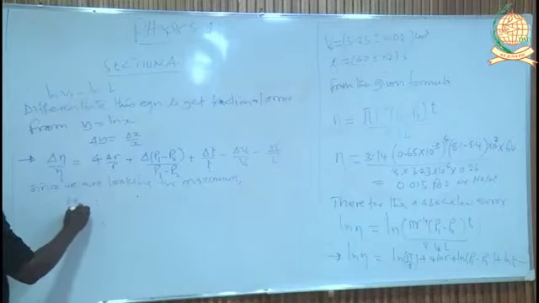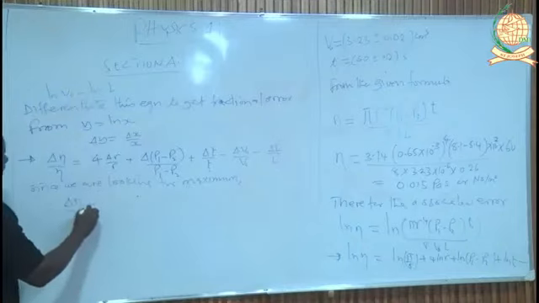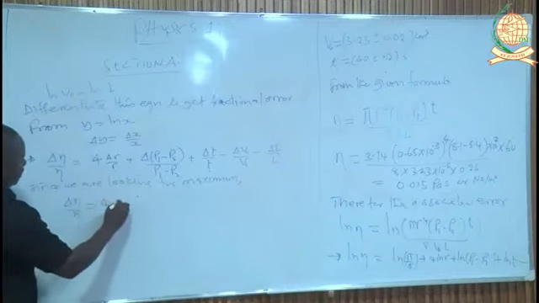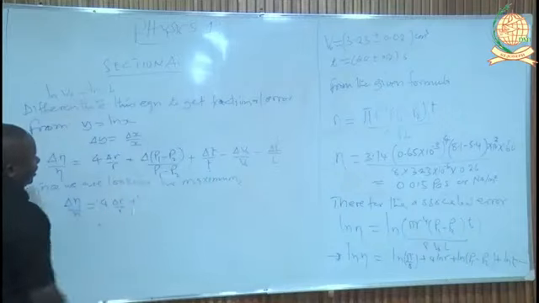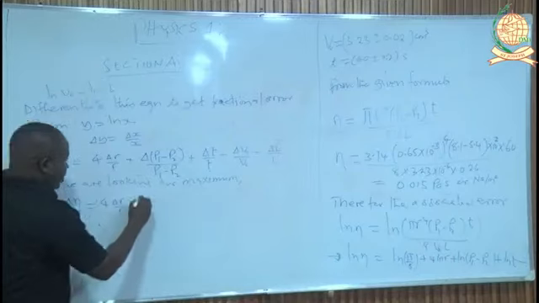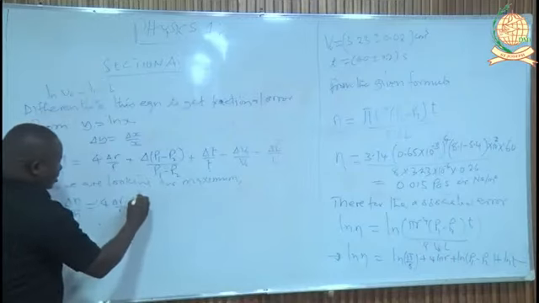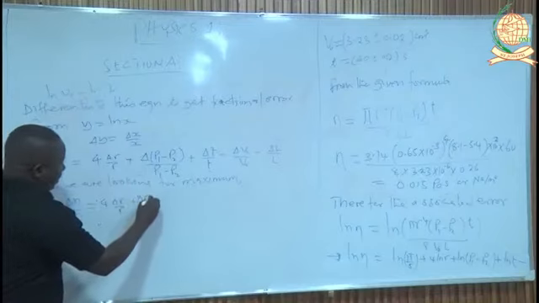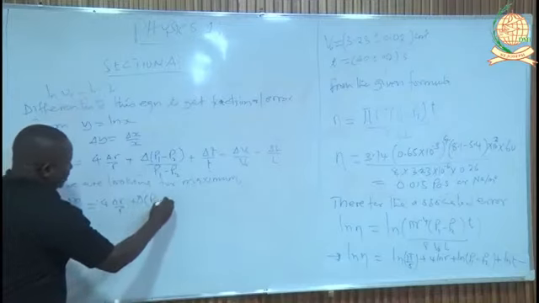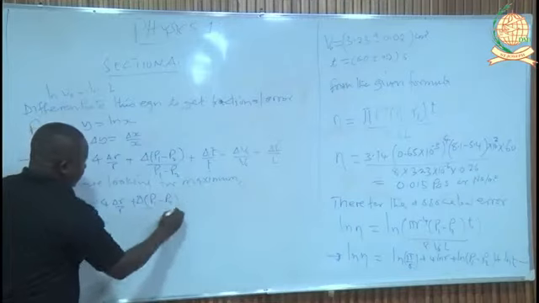So this over eta equals 4 change in R over R plus, and also this, it is the error in the difference. I will define later what the error in the difference is.